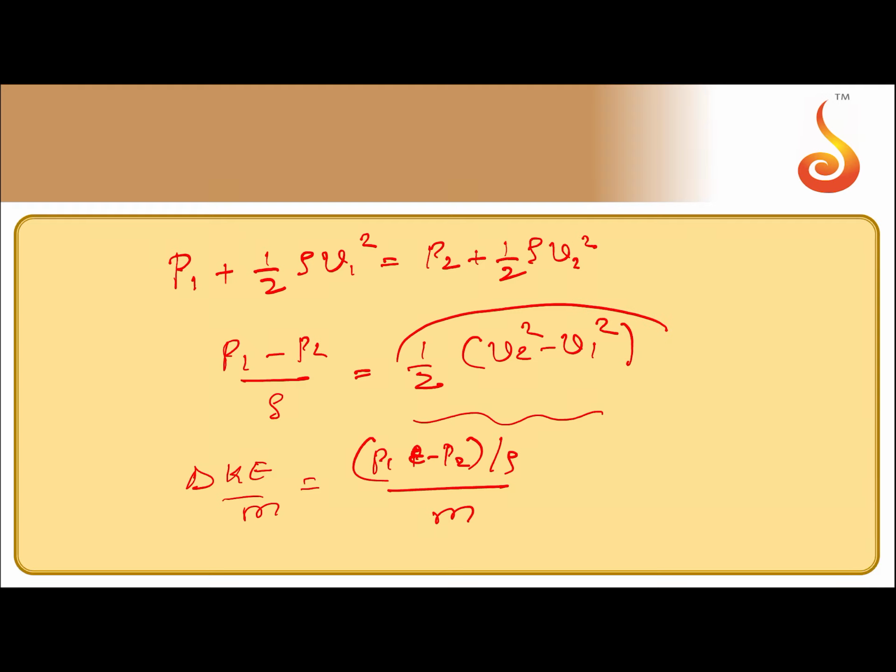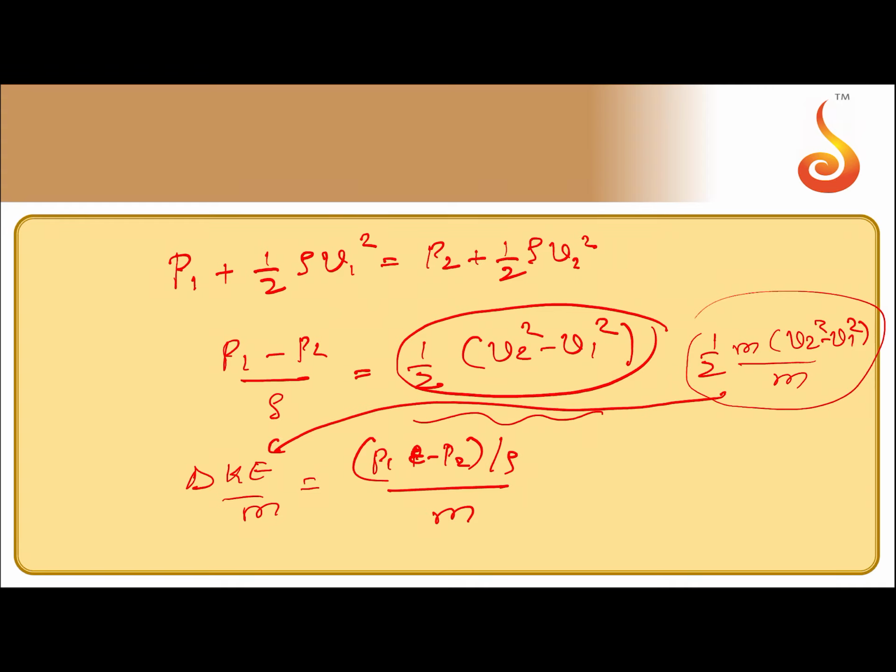I can write it as half m (V2 square minus V1 square) divided by m. So the change in kinetic energy per unit mass is simply (P1 minus P2) divided by rho.